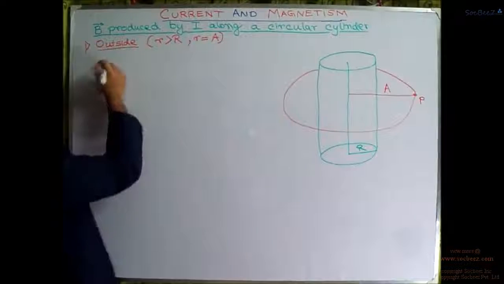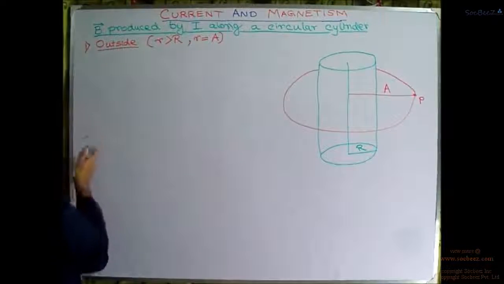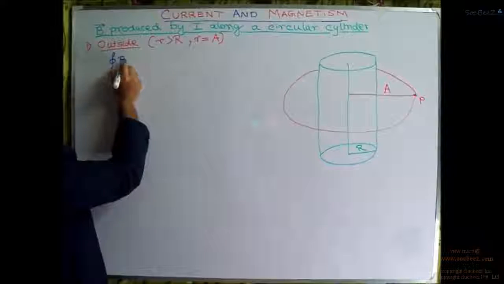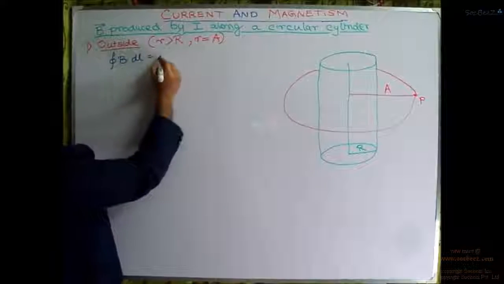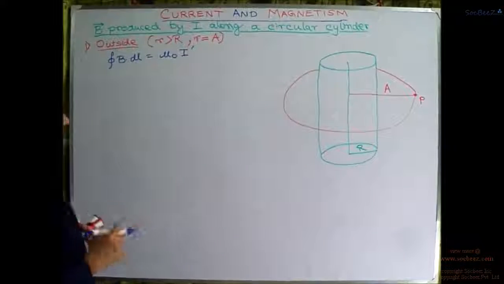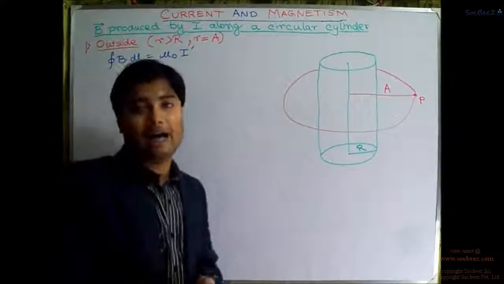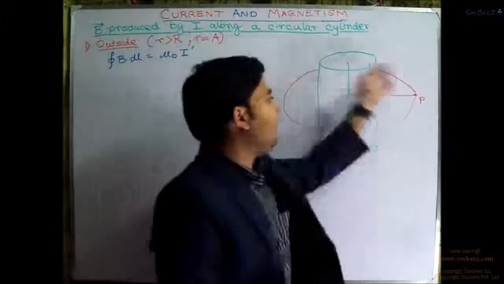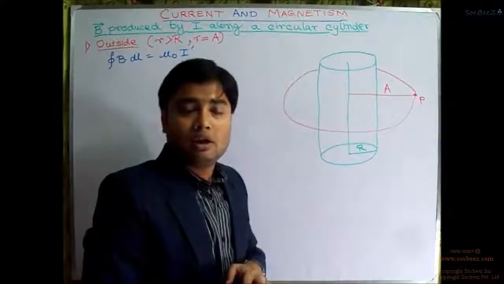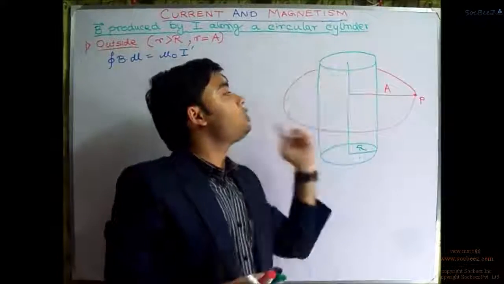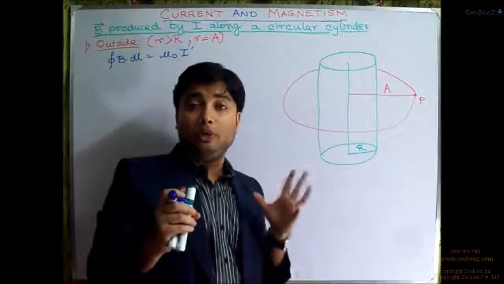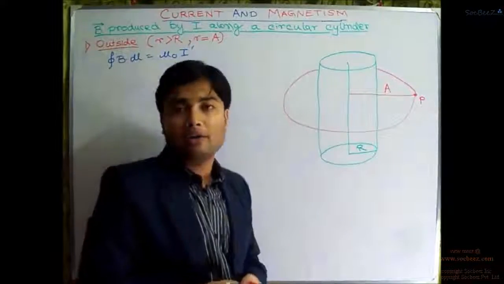as we know now that the line integral of B is actually equal to mu naught I. Let us say this is mu naught I dash. Now over in this line integral, if the I is flowing along the entire cylinder, it means that within this total periphery or this region, it is going to get the total amount of I, right?